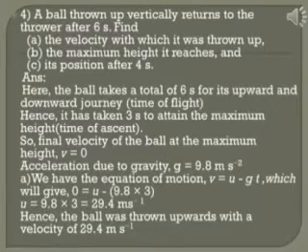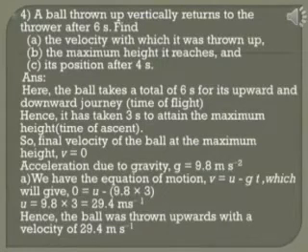Here, the ball takes a total of 6 seconds for its upward and downward journey. It is the sum of time of ascent and time of descent. You know that time taken by the ball for its upward journey is the time of ascent, and time taken by it for its downward journey is time of descent. It is equal to 6 seconds.